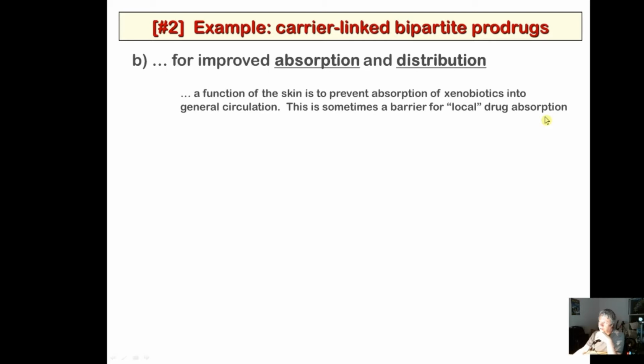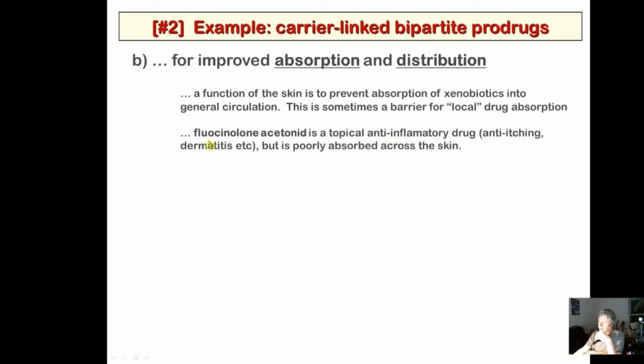So fluocinolone acetonide is a topical anti-inflammatory drug. It's another steroid type derivative. It's used for anti-itching conditions, dermatitis, but it doesn't absorb properly through the skin. So we're going to consider a prodrug strategy that allows it to go into the skin easier.